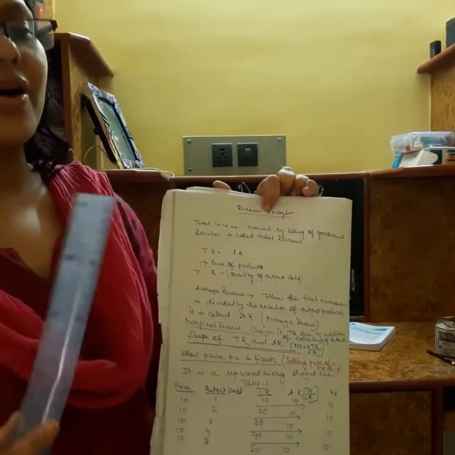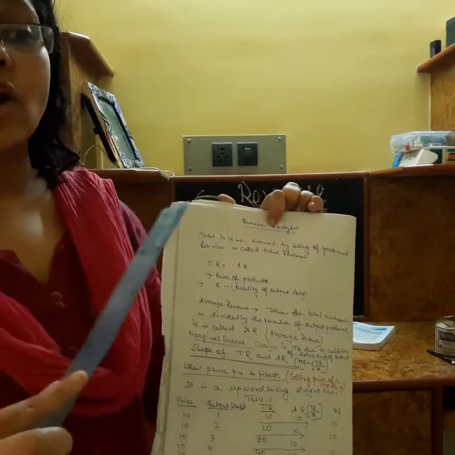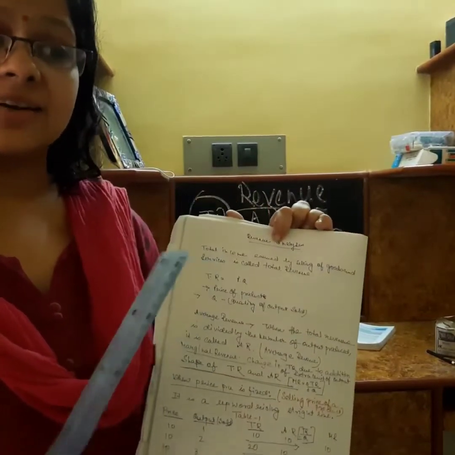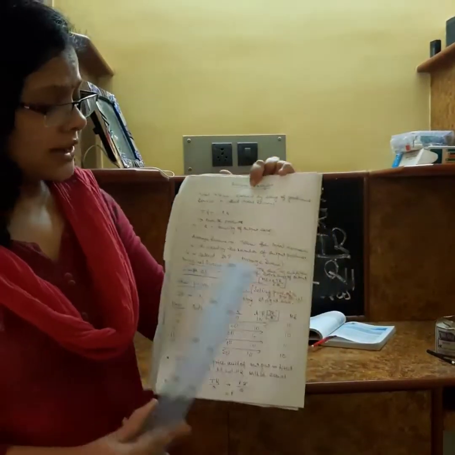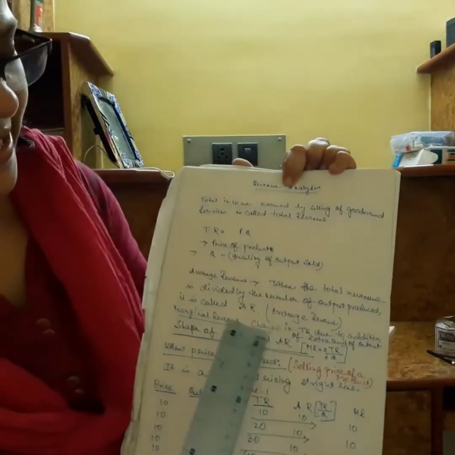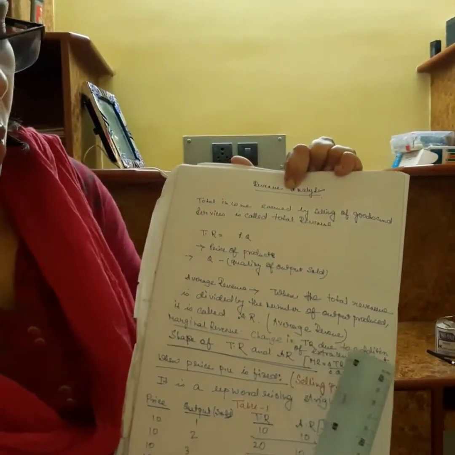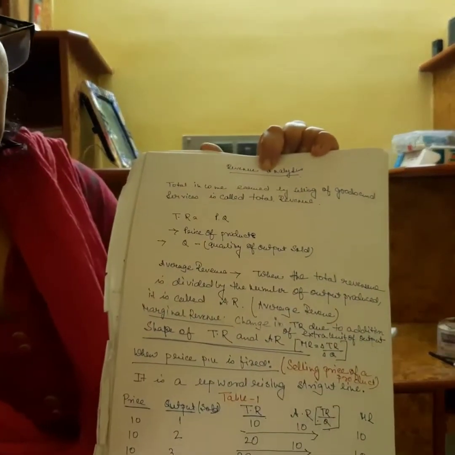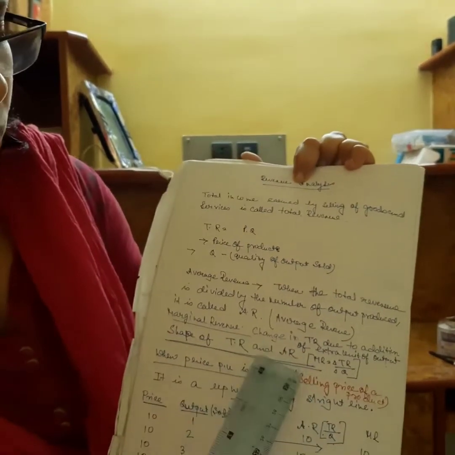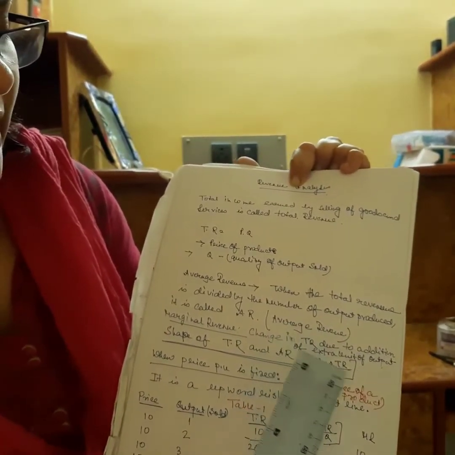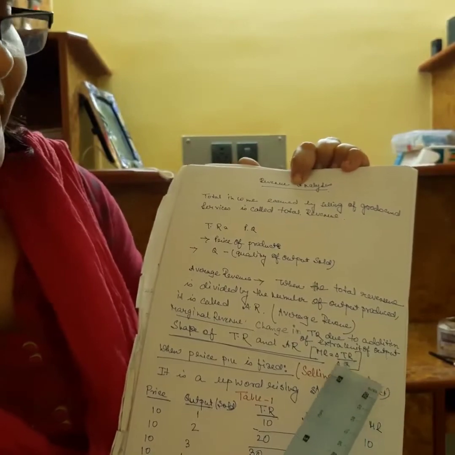So it is an average measure. AR cannot be negative as TR cannot be negative. What is MR? The change in total revenue due to 1 additional unit of output sold. So MR can be written as delta TR by delta Q.